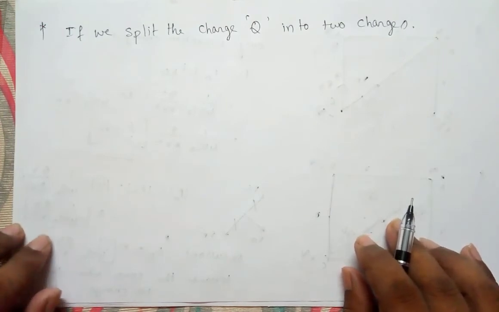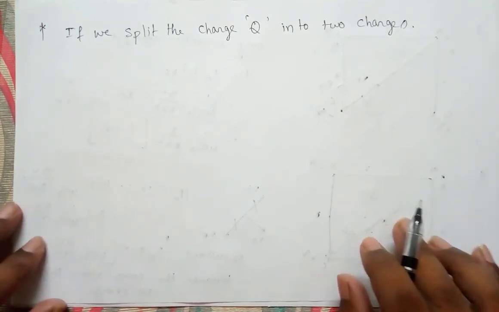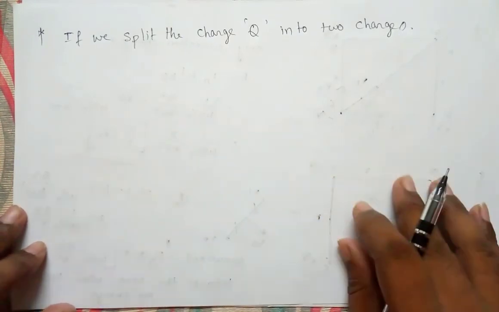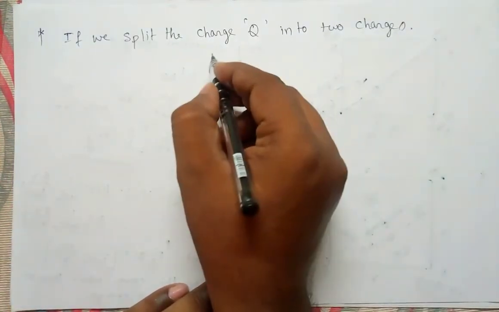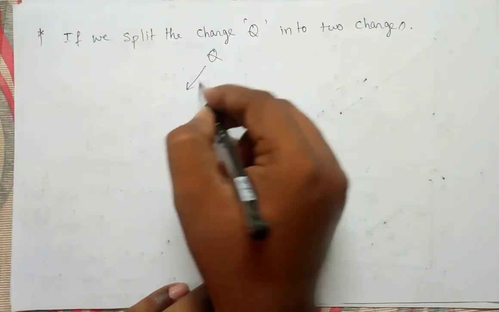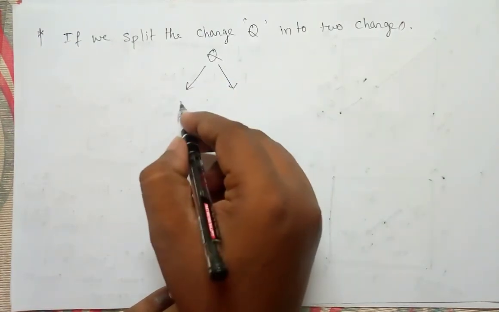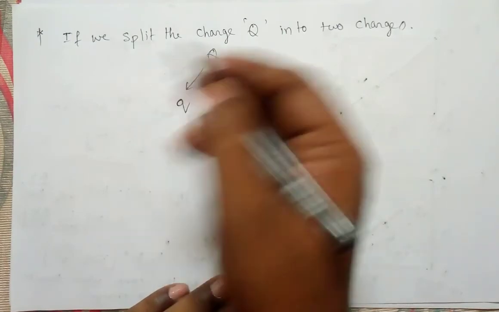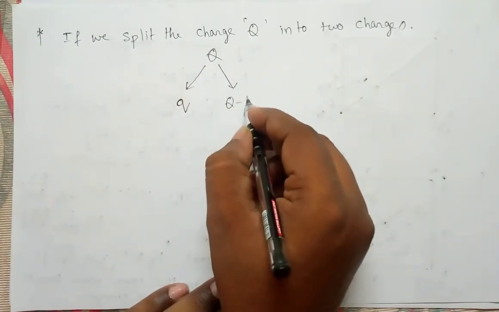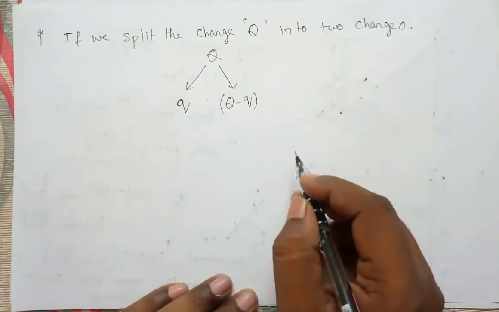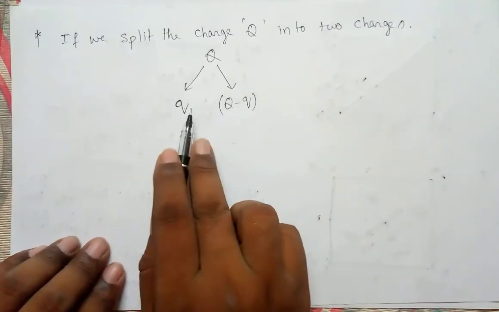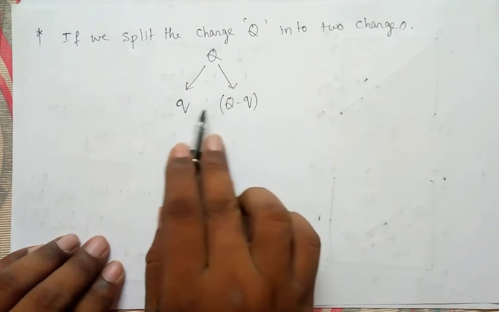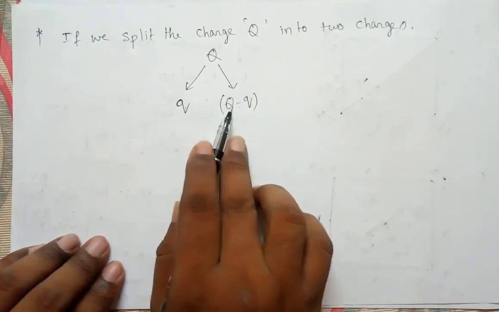In which way should you divide the charges so that the force will be maximum? So here capital Q, if I divide it as small q, and the remaining charge will be capital Q minus small q. So these two should repel each other. Maximum force should be exerted between these two.